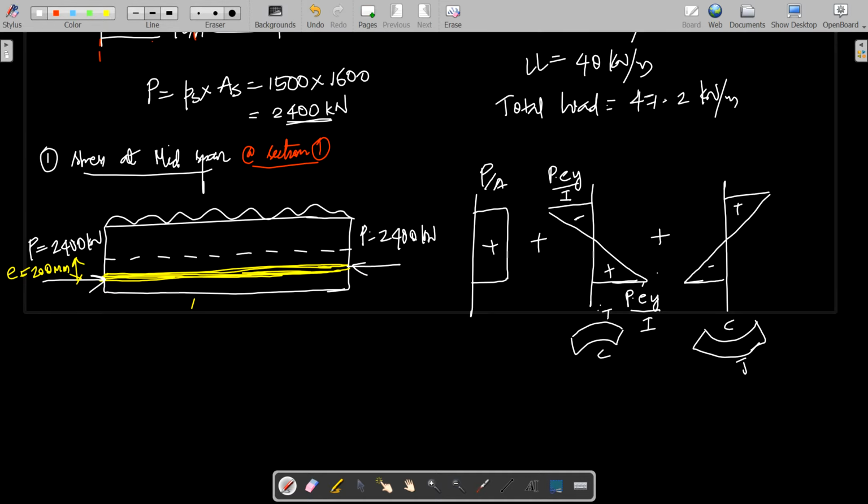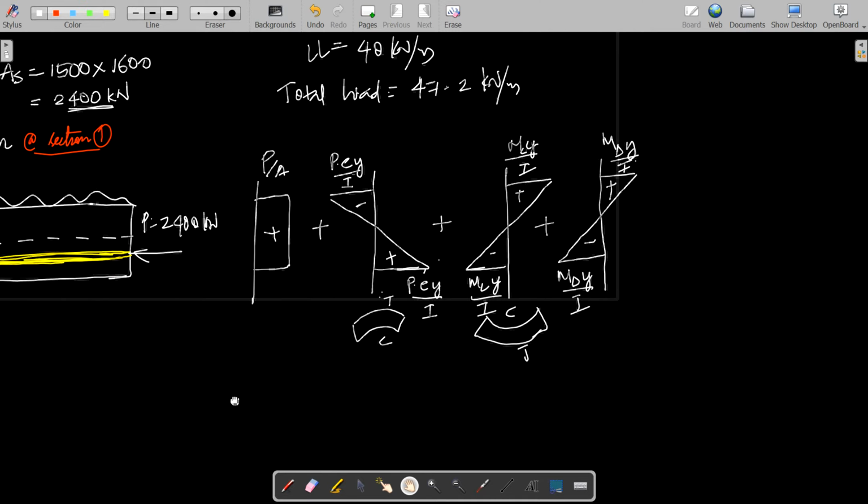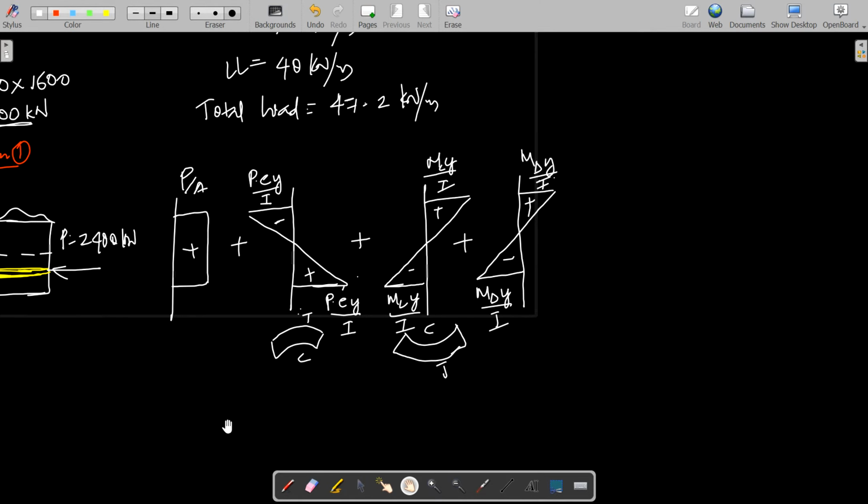That is M into Y by I. This M is due to live load, that is ML into Y by I, plus similarly due to the dead load you have similar moments, plus minus, that is MD into Y by I. So the total is due to all these.